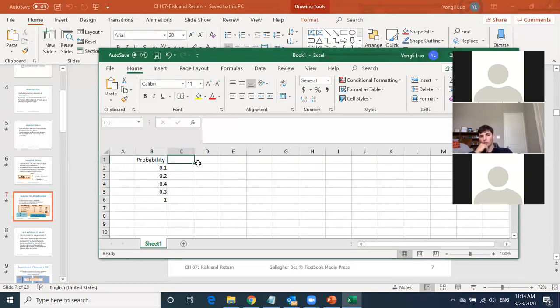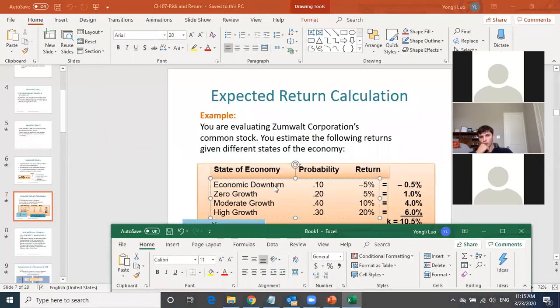Okay, the return under that scenario: we talk about economic downturn. If an economic downturn has a 10% probability of occurring, the return you get will be -5%.